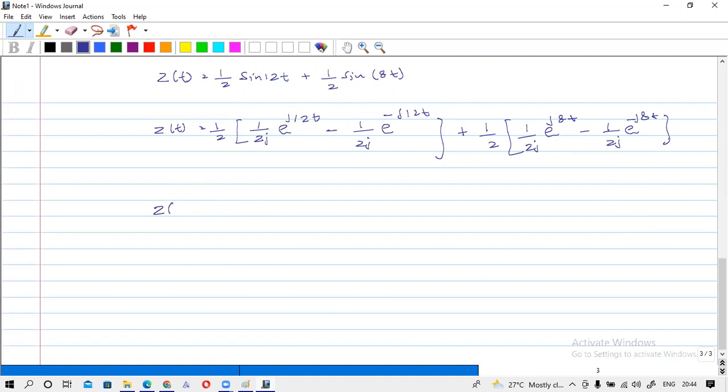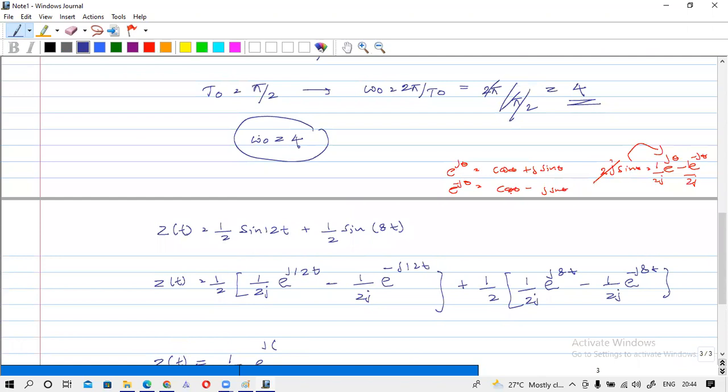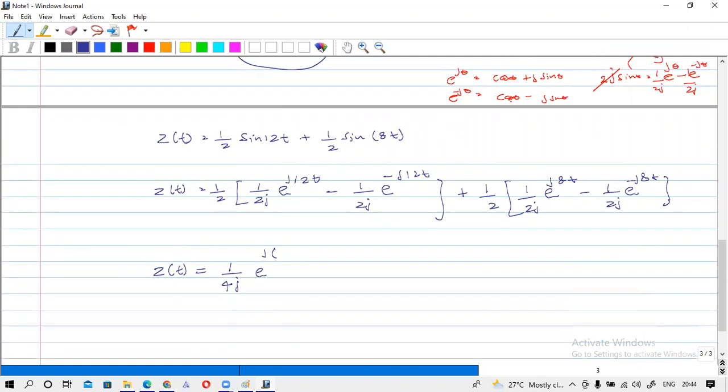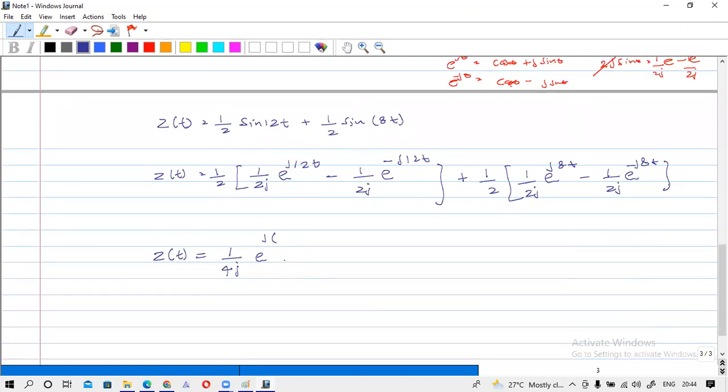So x(t) will be, you can see that here you have 1 by 4j e to the power j. Here we have verified that omega naught is 4, so I will use this with omega naught.